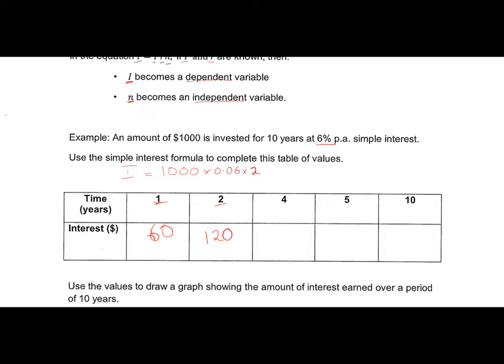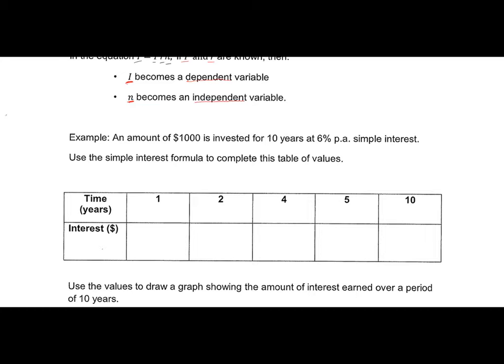The next one is 4, so replace the 2 with a 4, that'll give us 240. If you replace N, the number of time periods, with a 5, you will get 300. Finally, if you replace it with 10, you will get $600.